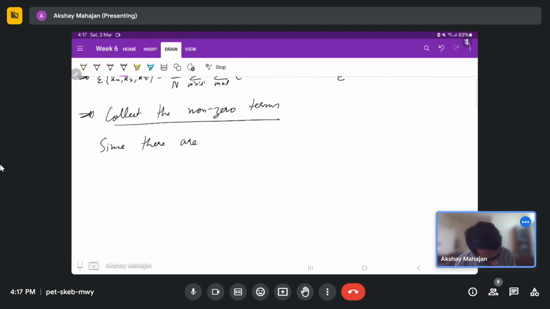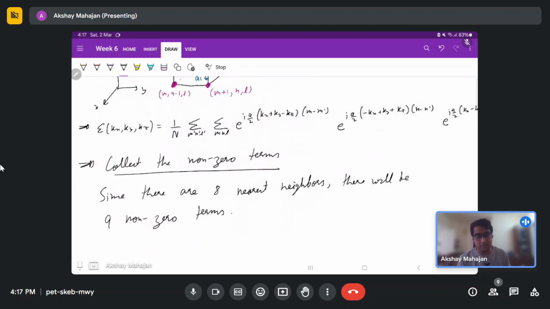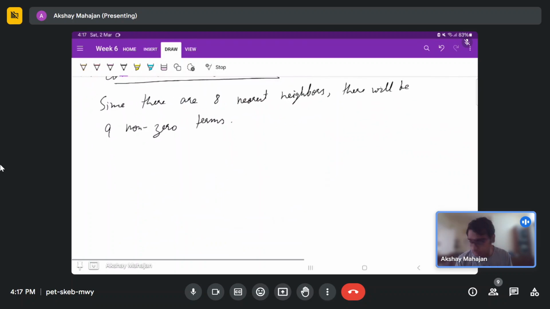Alright, so since there are 8 nearest neighbors, there will be 9 non-zero terms from this summation, and as we have said, there will be n times of this non-zero term, so that n in the denominator will be cancelled out from there.